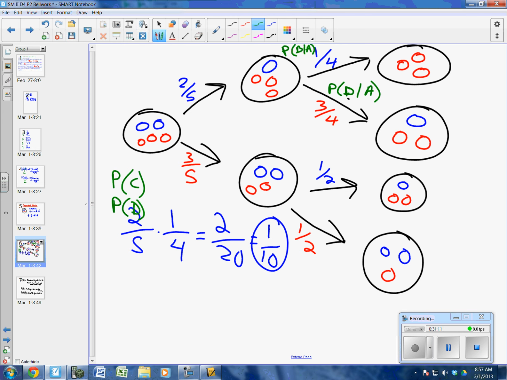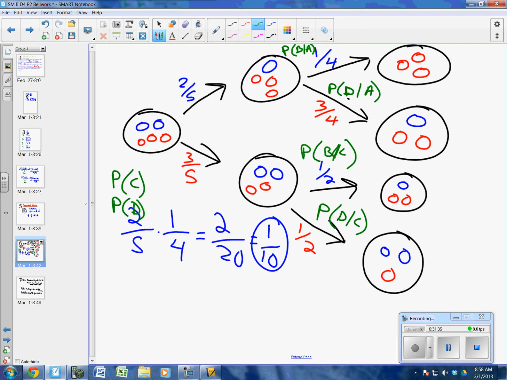You got that? And this one down here is the probability of B given C, right? And this one down here is the probability of D given C, right? That's what all those are.